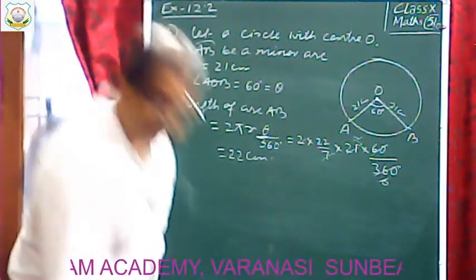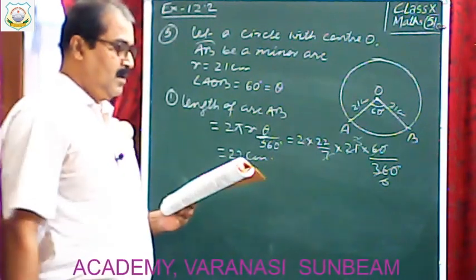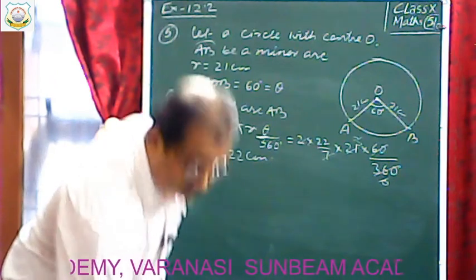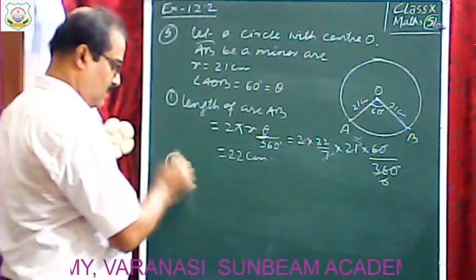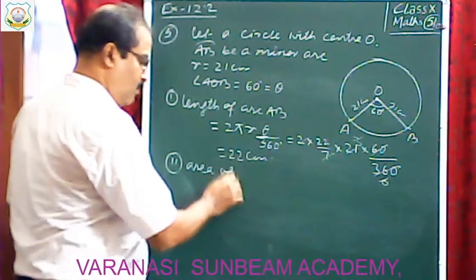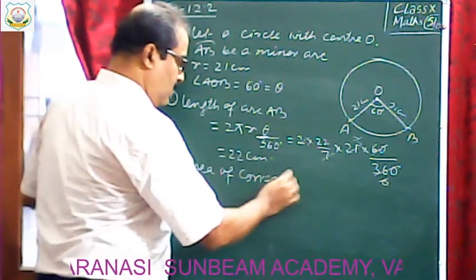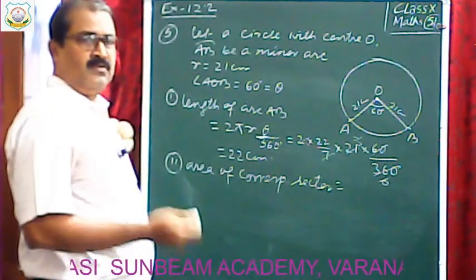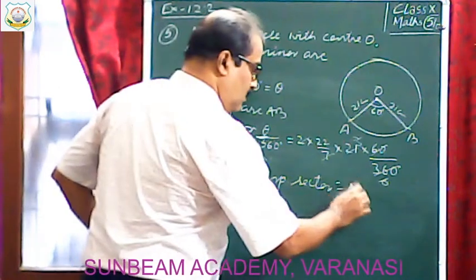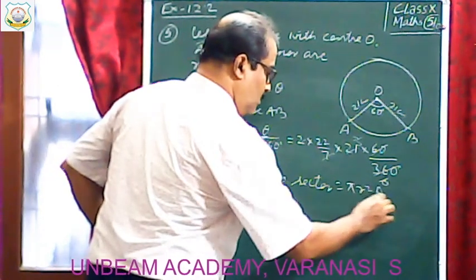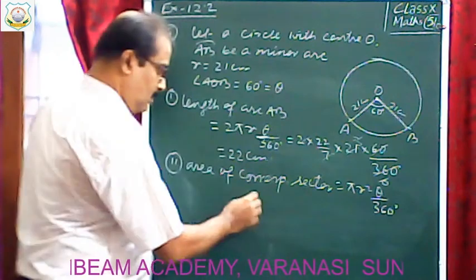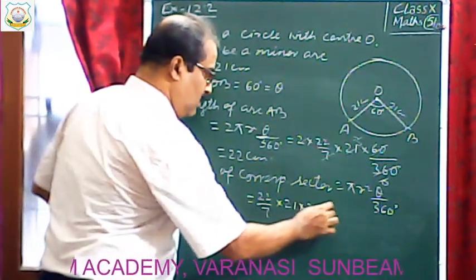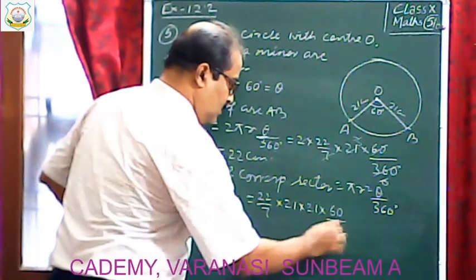Thereafter, second, area of the sector formed by the arc, meaning area of corresponding sector. Formula: area of sector is pi r square theta upon 360. So 22 by 7 into radius 21 into 21 into 60 upon 360.